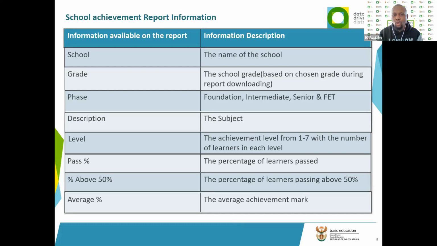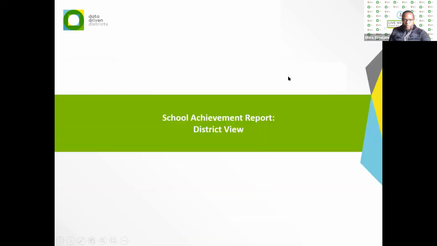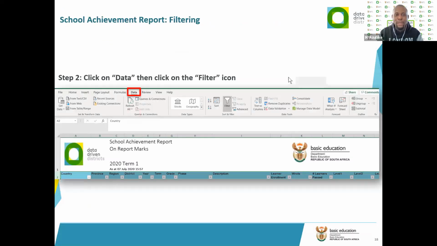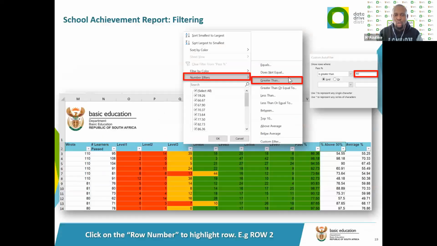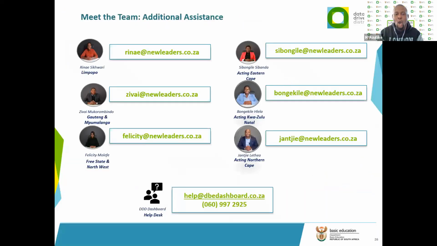Musa, please, can you go to the information page where we have the help desk and the PM's information? If you are stuck at any place, please engage with the information that Musa is going to show us, which is the provincial project managers in our different provinces, and also our help desk.